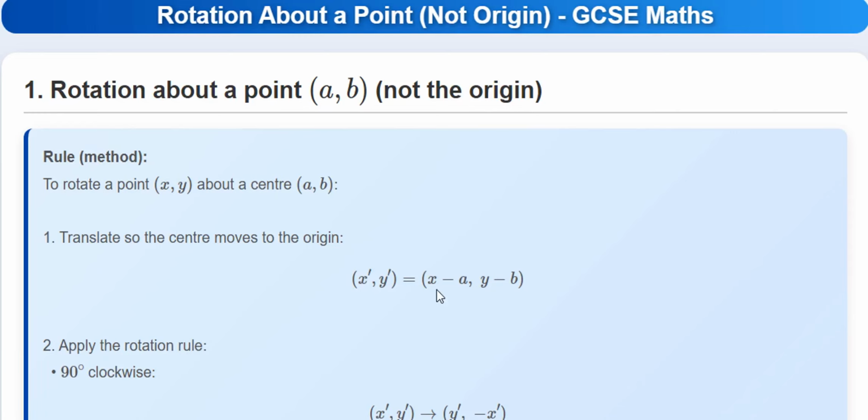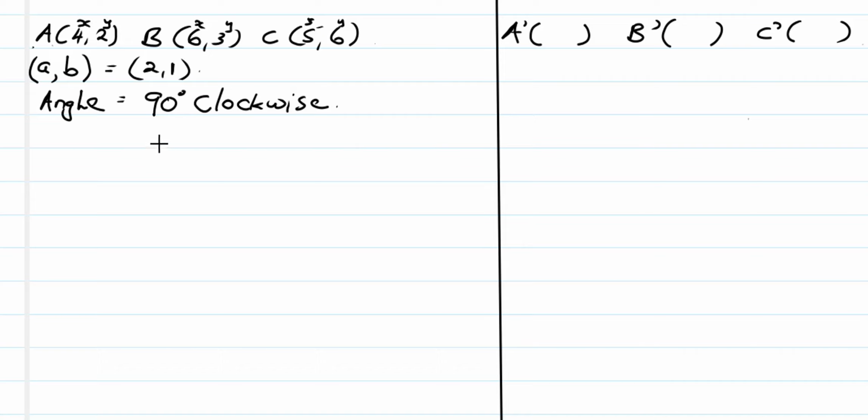We take the x coordinates and subtract a, where a is the first value in the center of rotation, and then we take all the values of y and subtract b, where b is the second value of the center of rotation. So can I do that here? We said x and y will now be x minus a and y minus b. And we do have our a and b here.